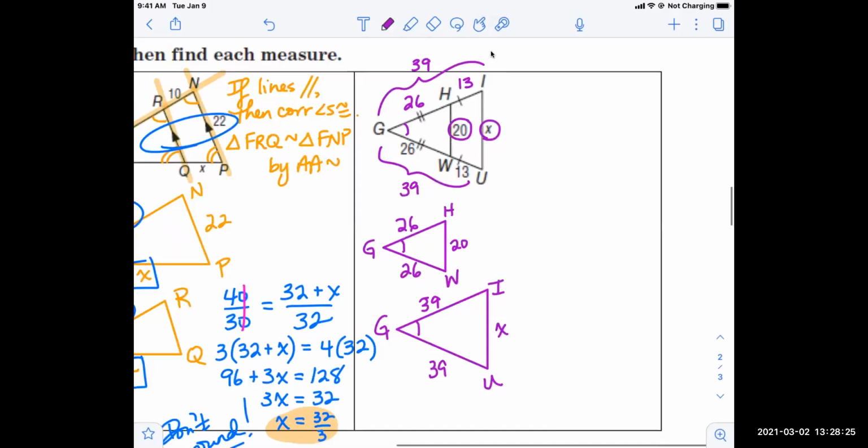Well, what's this ratio? What's the ratio here? 1 to 1. And what's the ratio here? 1 to 1, right?